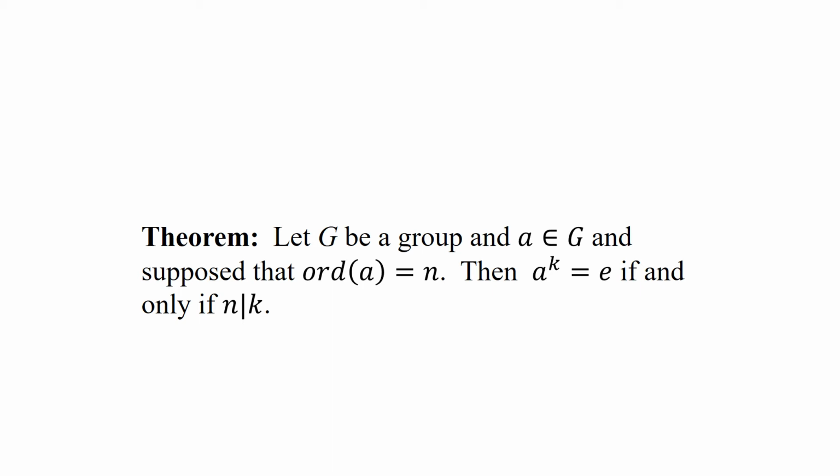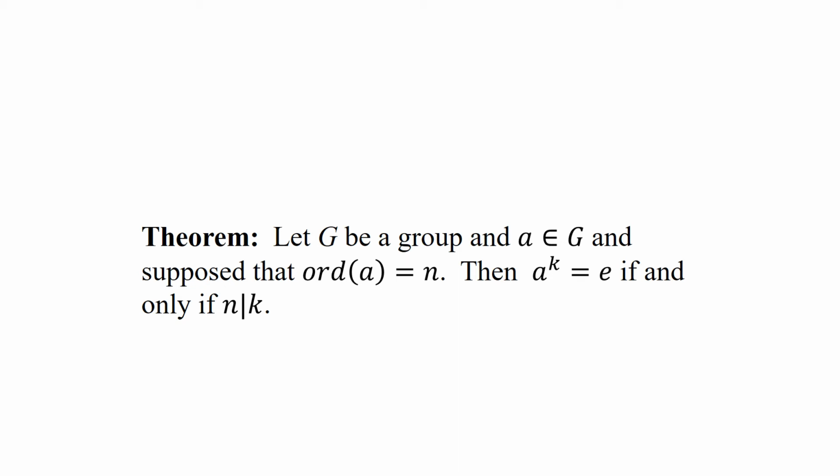So let G be a group and a an element of G, and this is a theorem that we proved previously. We showed that when G was the symmetric group on n objects, then when I had any exponent of a that resulted in the identity, then that exponent must be a multiple of n.